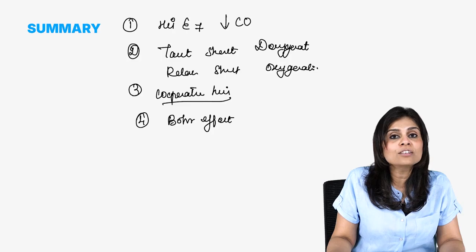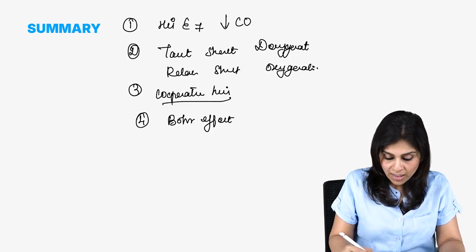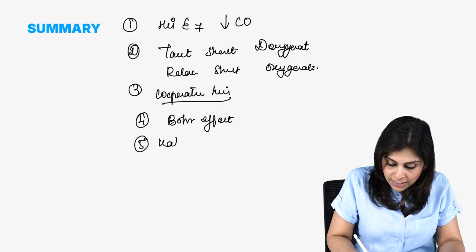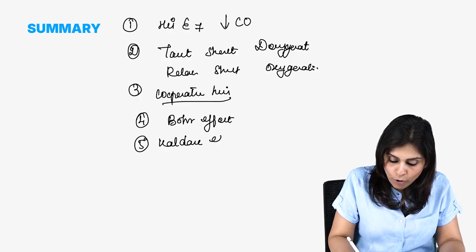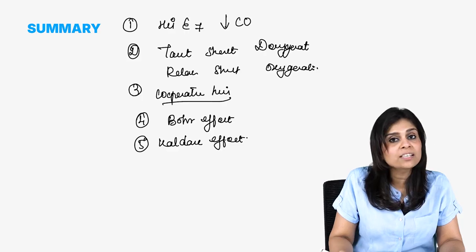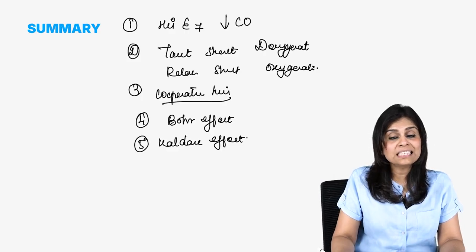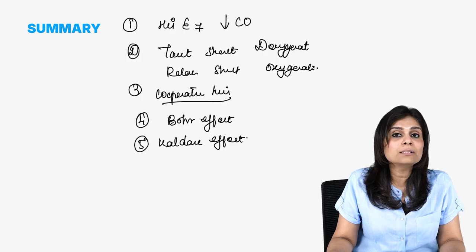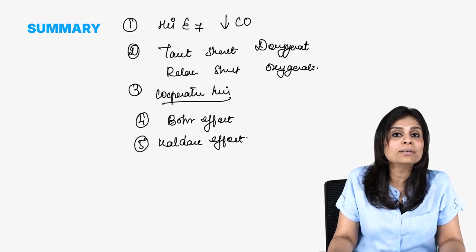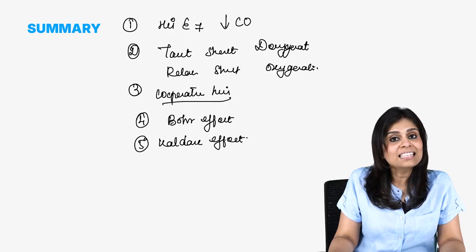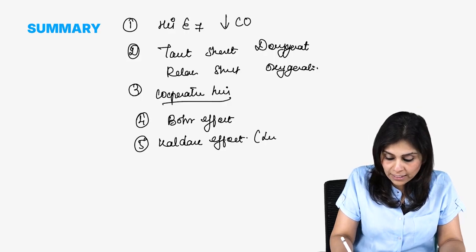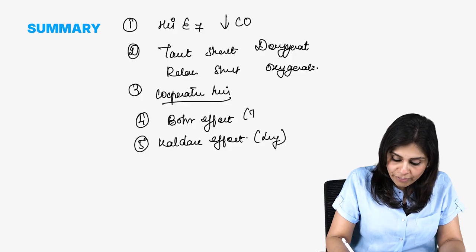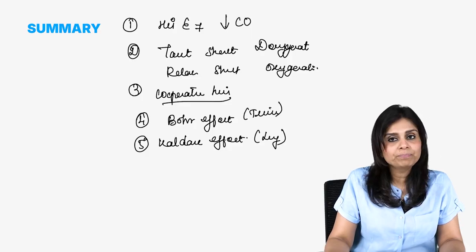Reciprocal binding of oxygen and H+. What is the Haldane effect? Reciprocal binding of oxygen and carbon dioxide, or in other words, deoxyhemoglobin exhibits higher affinity for carbon dioxide. That's called the Haldane effect, which happens at the lung side. The Bohr effect happens at the tissue side.